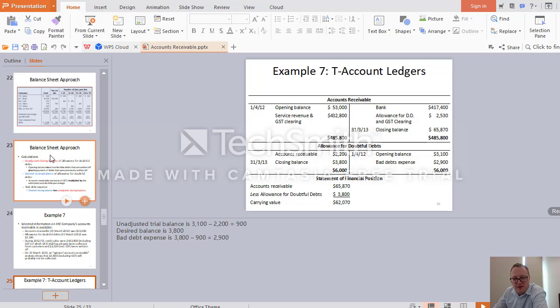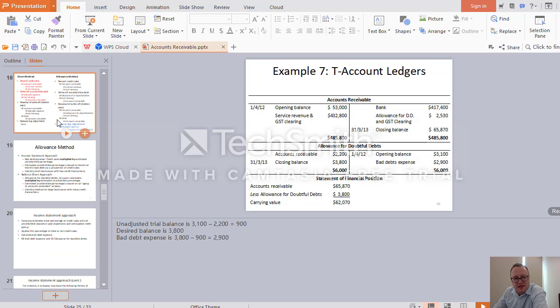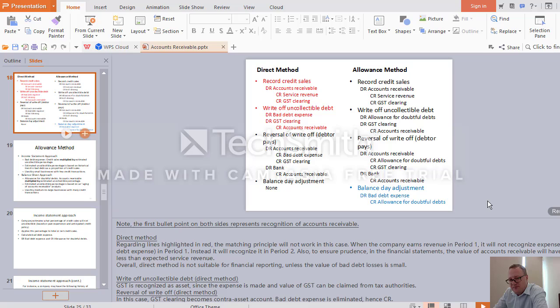And therefore you will put this 2,900 in here. Debit bad debt expense 2,900, credit allowance for doubtful debts 2,900. Okay, and that way you would be able to capture all the transactions to your allowance for doubtful debts and receivables that happened during the year. Let's continue later.